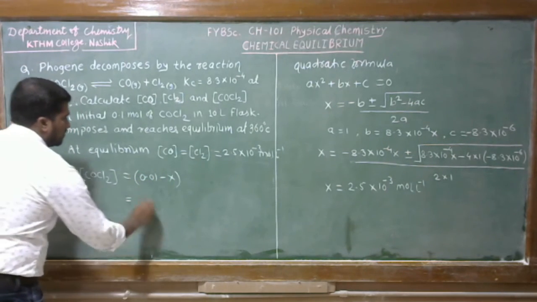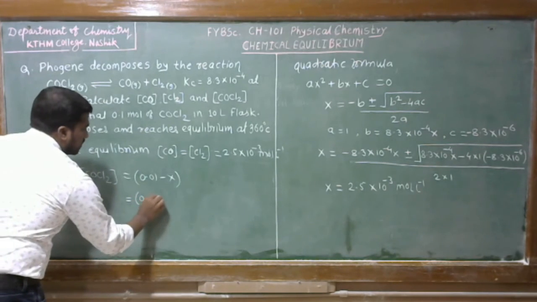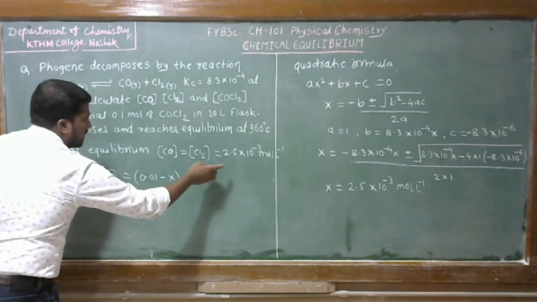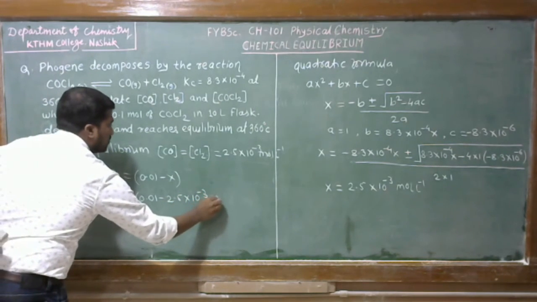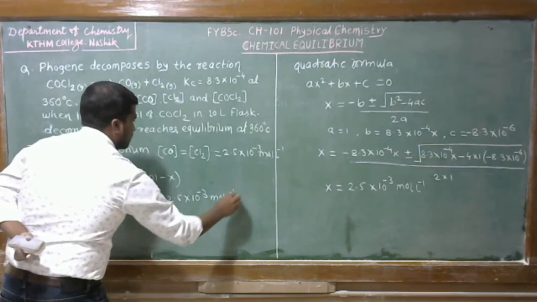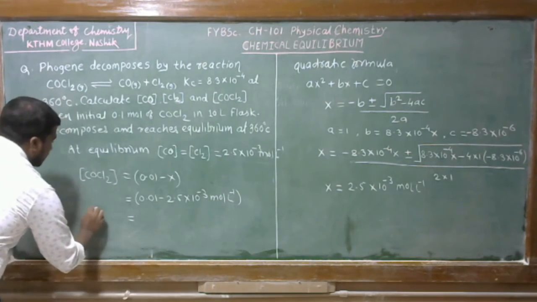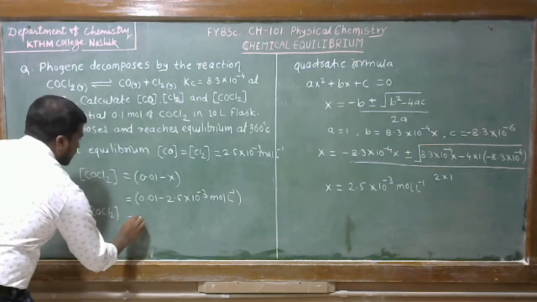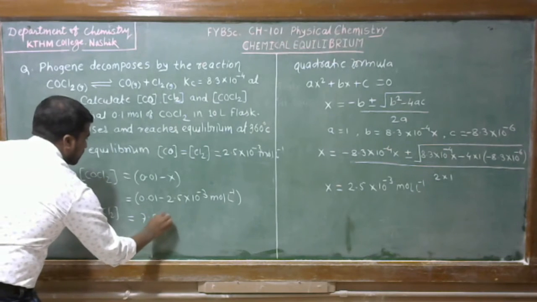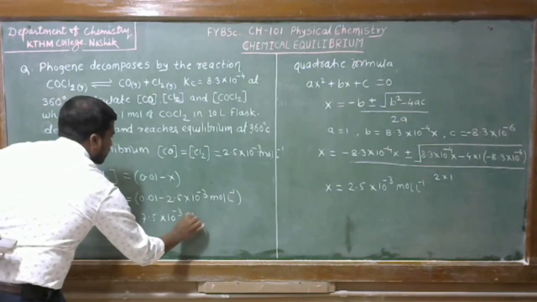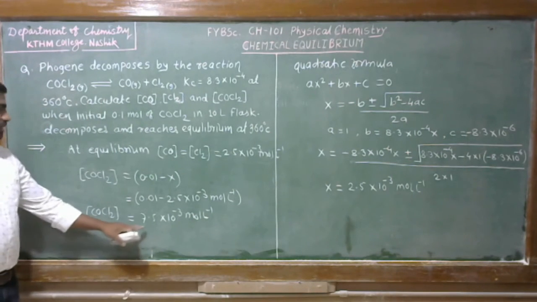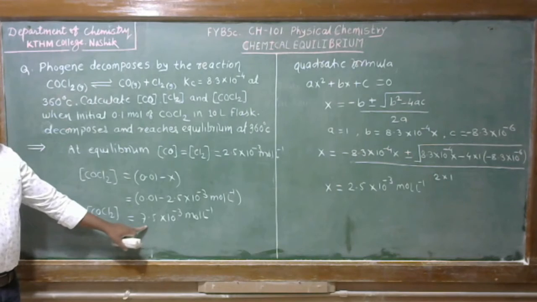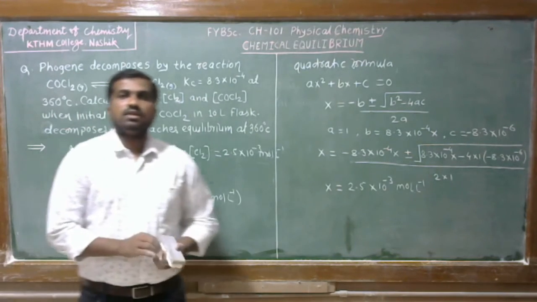So finally we can write 0.01 minus x, what is the value of x? 2.5 into 10 raised to power minus 3 mole per liter, and finally we will get the concentration of COCl2 at equilibrium is 7.5 into 10 raised to power minus 3 mole per liter. Okay, so this is the value for phosgene gas at equilibrium.